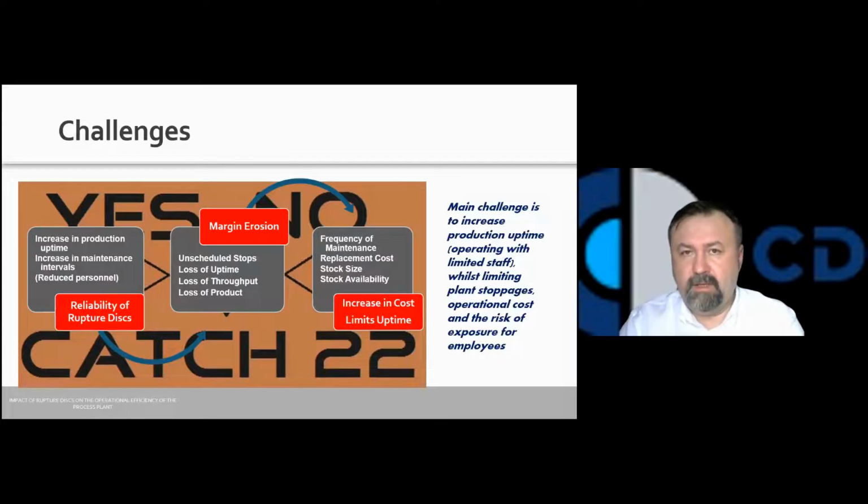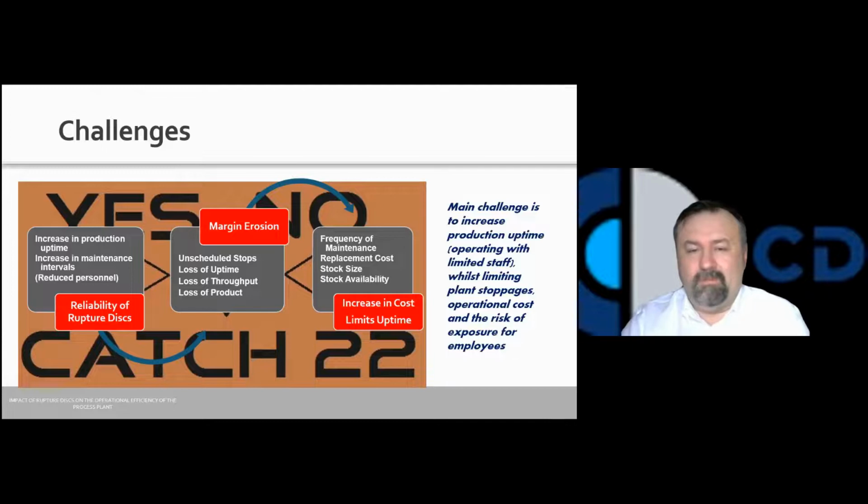They're there for safety, and that's what they provide, so safety is a given. But they can have either a positive or negative impact on the process. And that's what we are going to explore throughout this webinar.